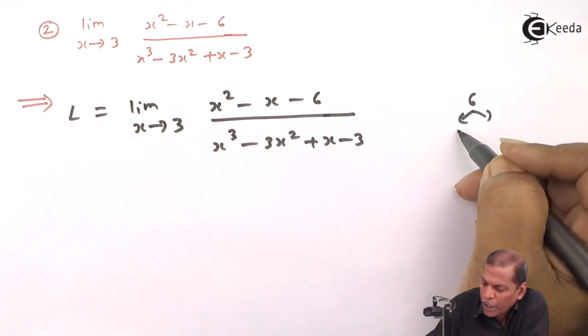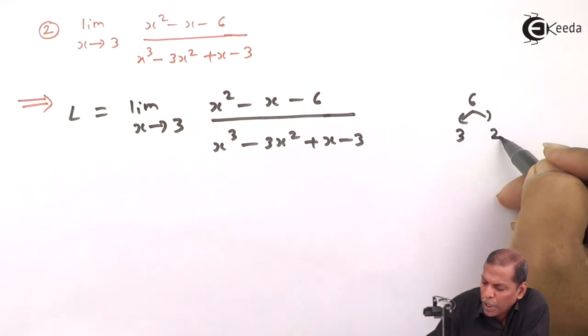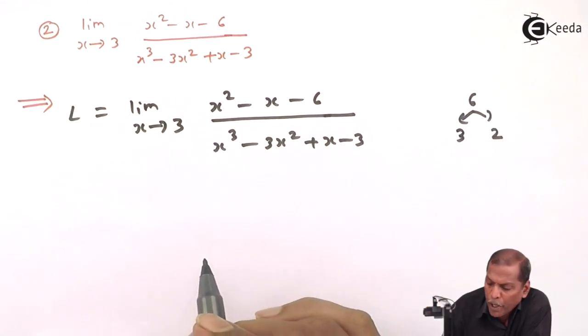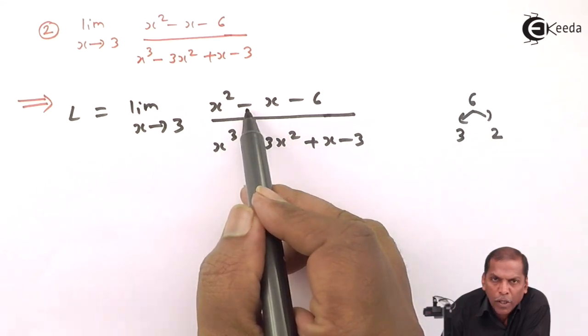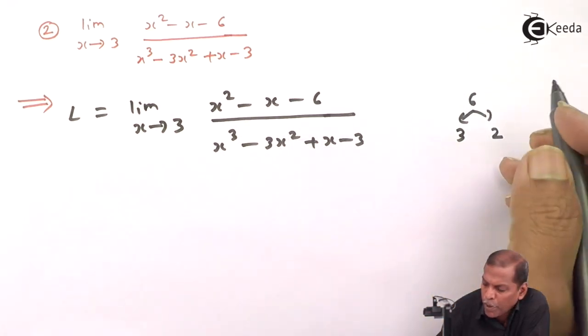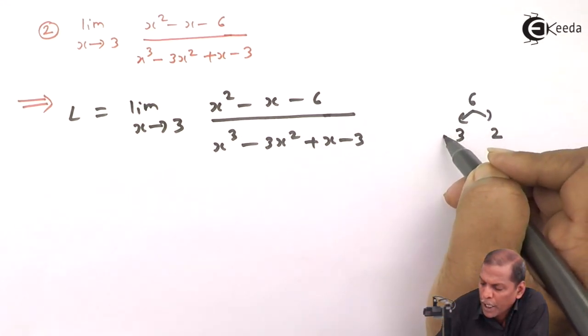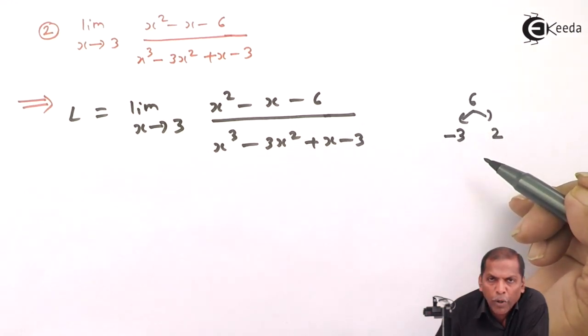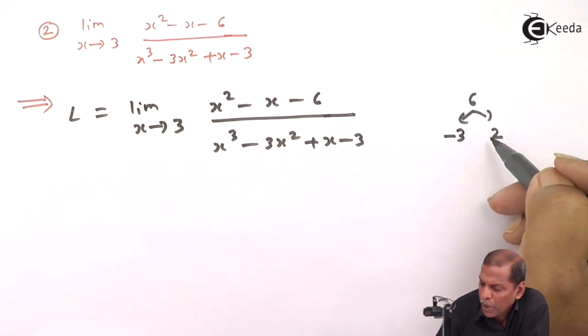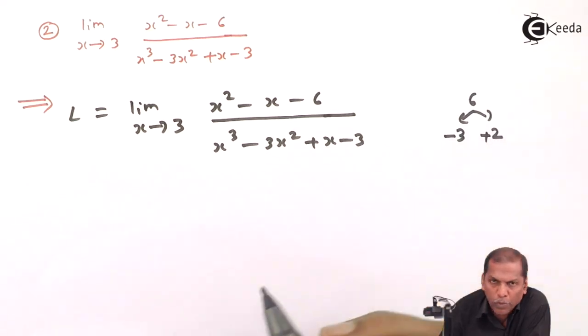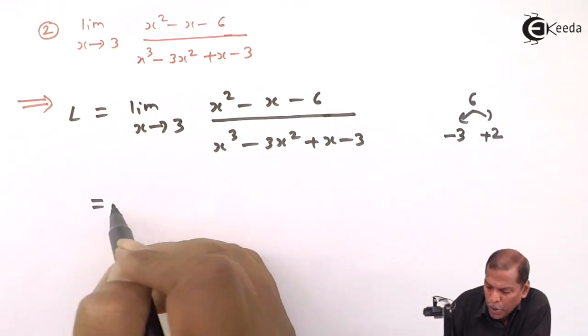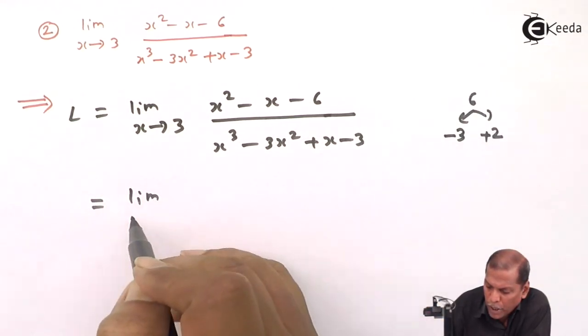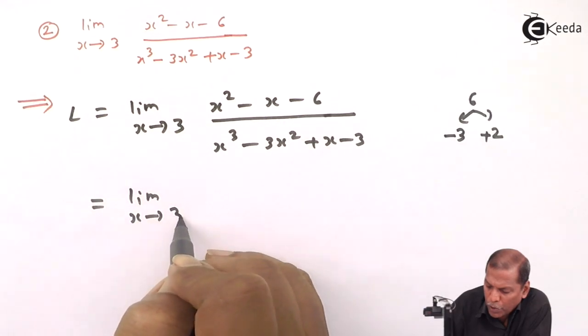Now 6 can be written as 3 twos are 6, and the middle term we require is minus 1. So this minus sign must go to the greater number, that is 3, and to get the answer minus 1 we have to write plus 2. So the next step will be limit x tends to 3.